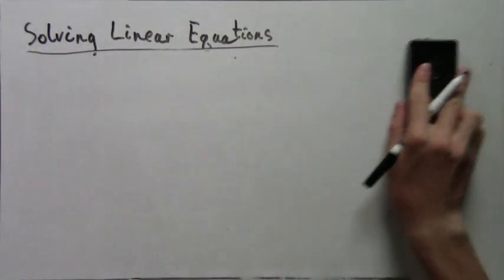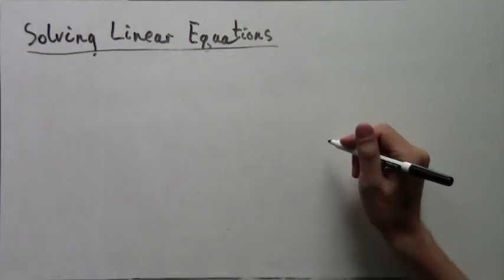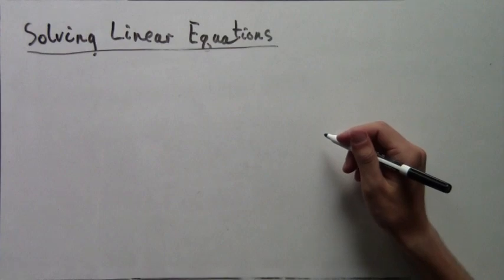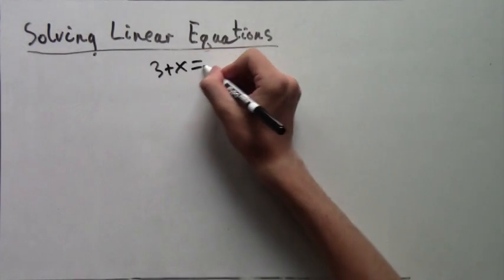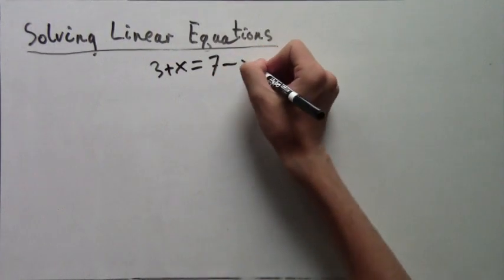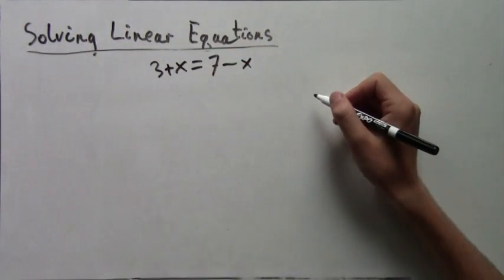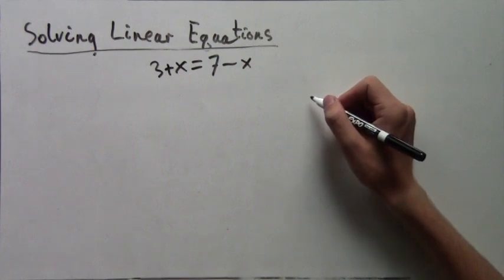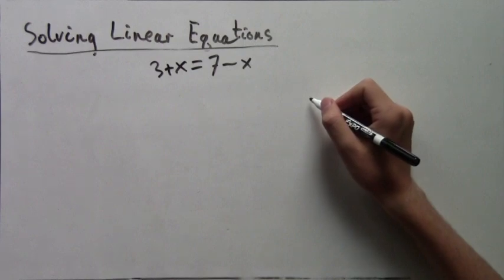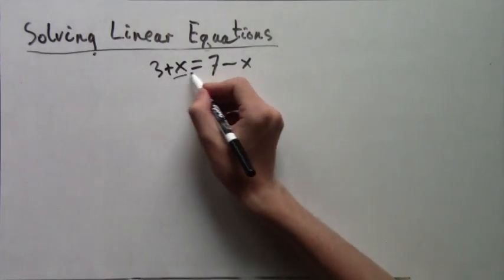So now we're ready for the final example. Hopefully you're getting the hang of this. 3 plus x equals 7 minus x. So we have the variables x on both sides of the equation, and the numbers 3 and 7 as well.